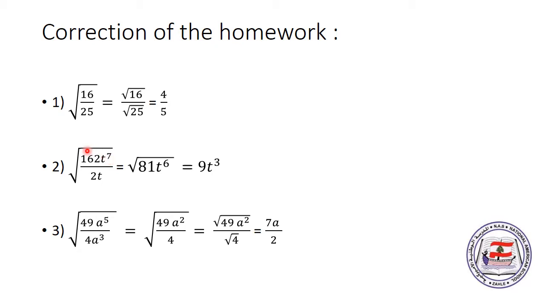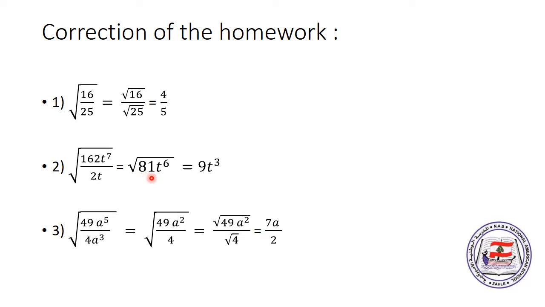And number 2, radical 162t^5 over 2t. This fraction can be reduced, so we always need to start by simplifying the fraction as much as we can. So 162 divided by 2 gives 81. t^7 over t, or t to the power 7 over t, gives t to the power 6.